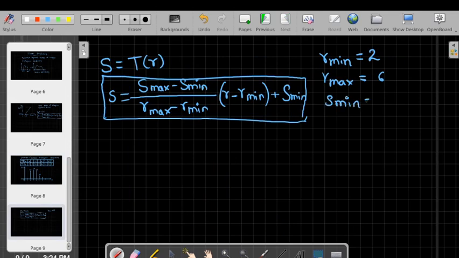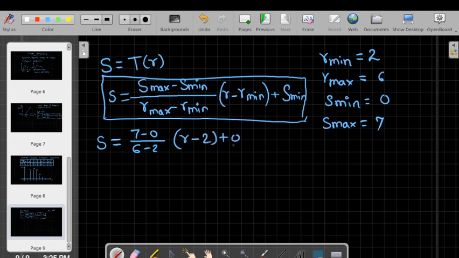Now we keep s min equal to 0 because we have to stretch our histogram from 0 to the maximum value 7, so s max will be 7. The transformation will be (7 minus 0) divided by (6 minus 2) into (r minus 2) plus 0, which equals 7 by 4 into (r minus 2) plus 0.